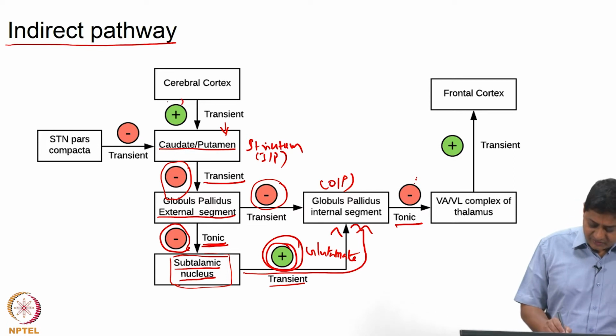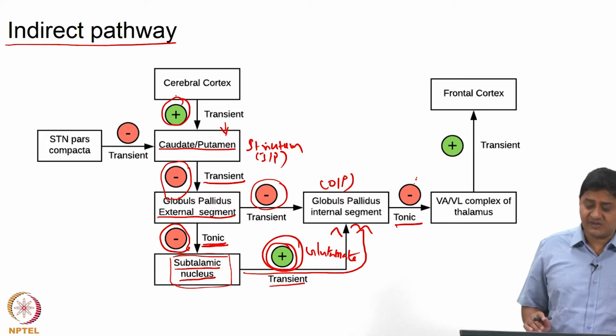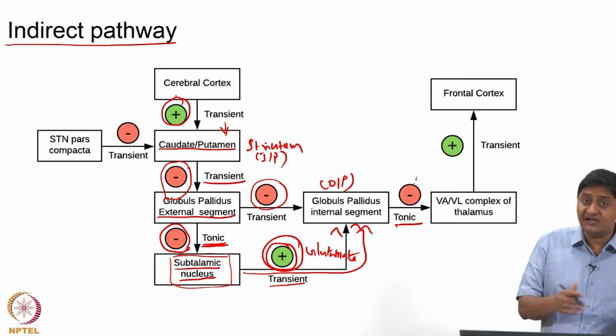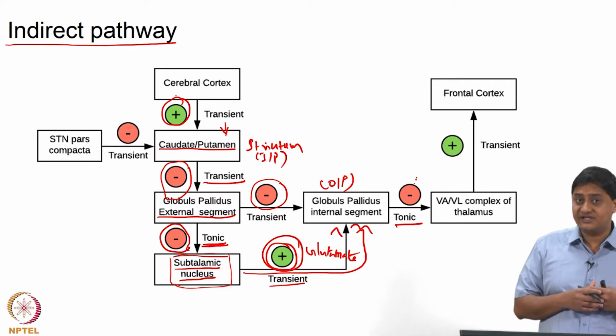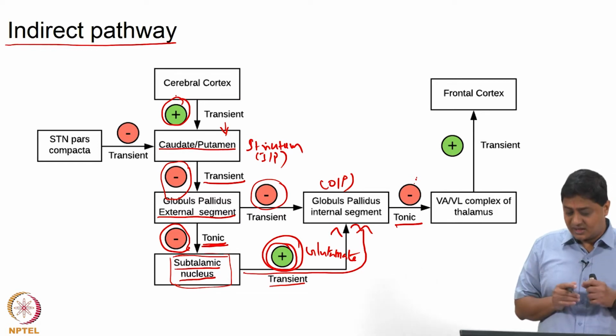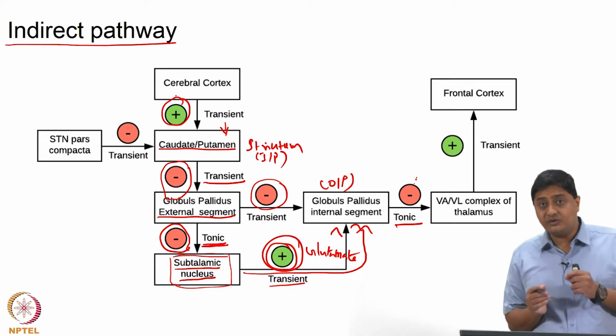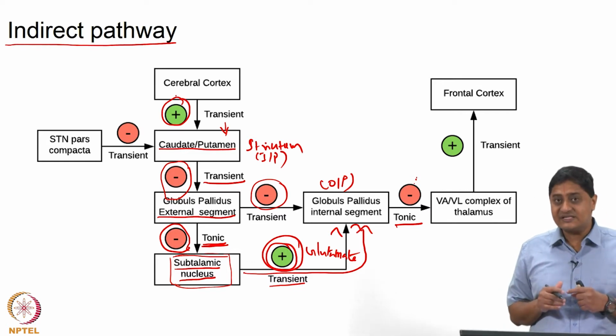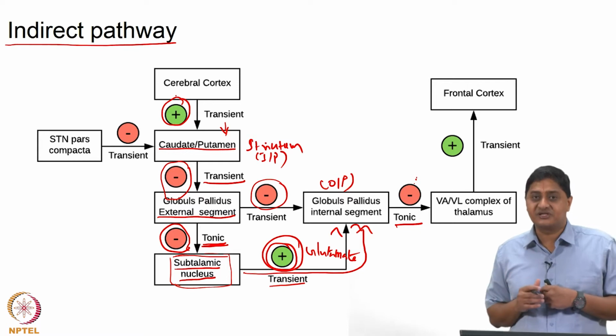When would this happen? So, this happens in situations different from that discussed in the direct pathway. These are not the same corticostriatal neurons, these are a different set of neurons that are used conveniently when we do not want to do something, right. There is a need for a greater inhibition, right.